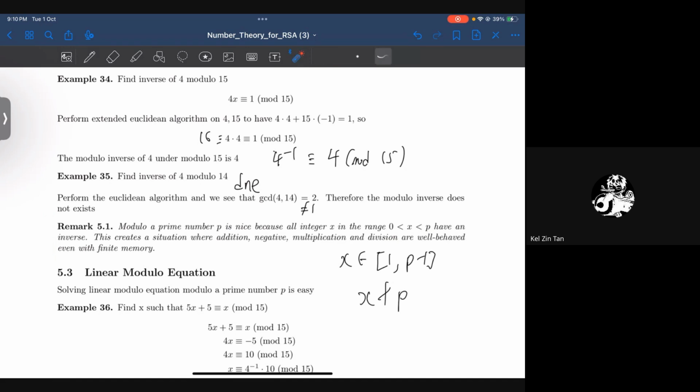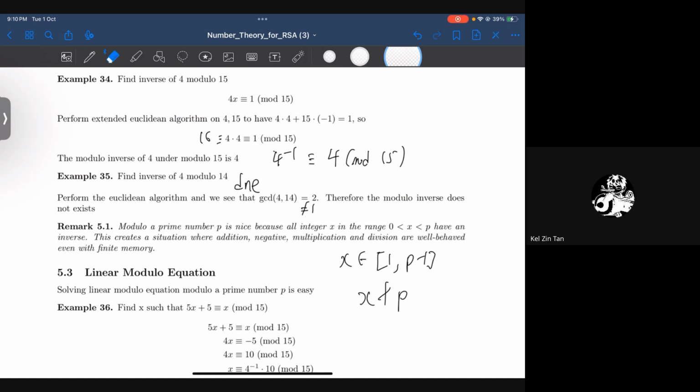So this creates a good situation in which addition, negation, multiplication, and division are all well behaved, even with finite memory. A good example is modulo 5, where you can check that all the elements other than 0 have an inverse modulo 5.